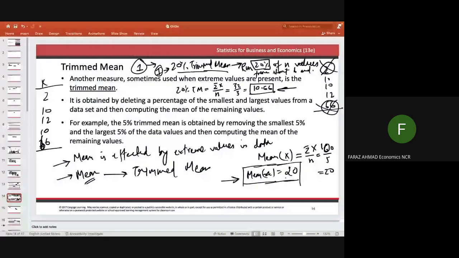So my 20% trimmed mean is 10.66 and my mean is 20. So now I'm understanding my data better because I have removed extreme values. 20% is a huge number, right? I took it for exemplification because it removed one value from top and bottom. Suppose you had 100 values, then 20% trimmed mean is a big number.